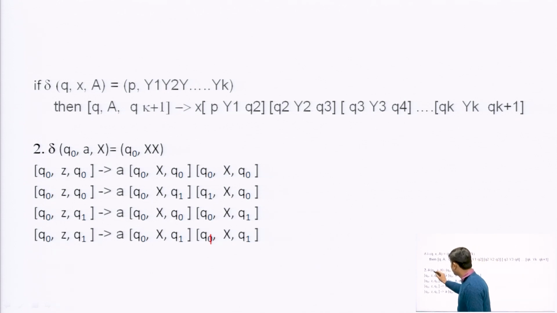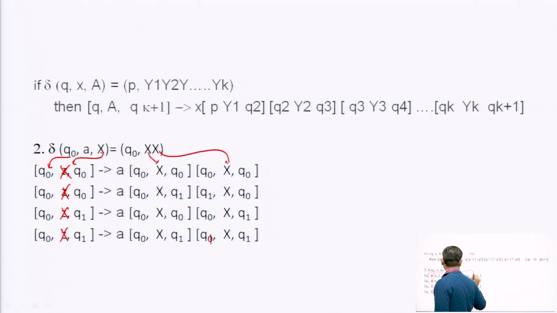So here you see it is the same q0, and the stack top is x, x, x, x, then this one is x, and here is the x, and here is the x.